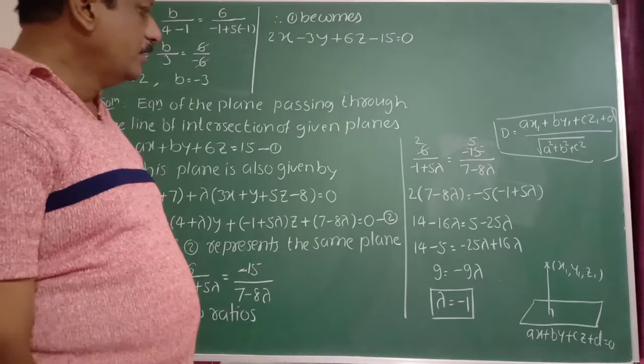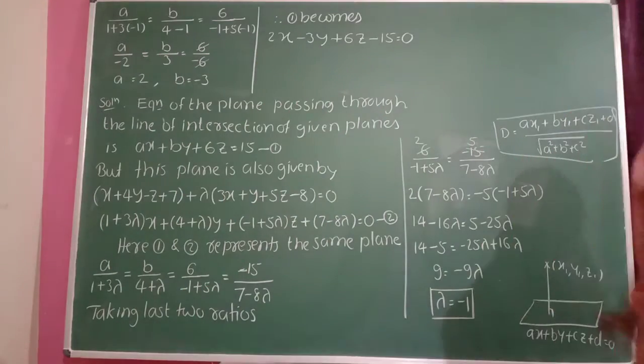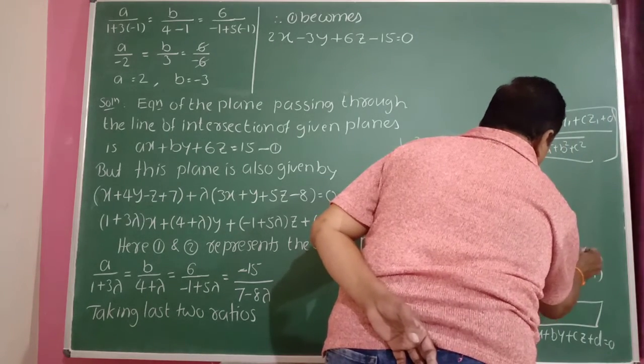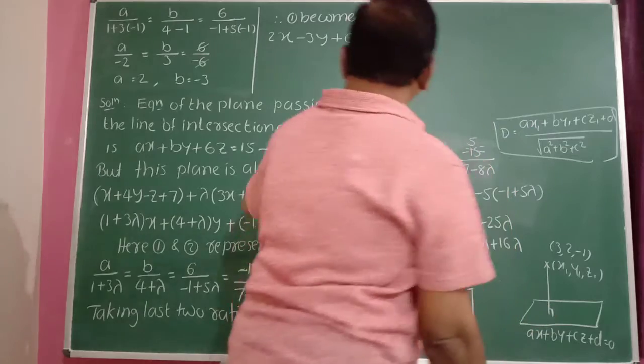They are already given. The coordinates of this point x1, y1, z1 are 3, 2, minus 1. And the equation of the plane is this.